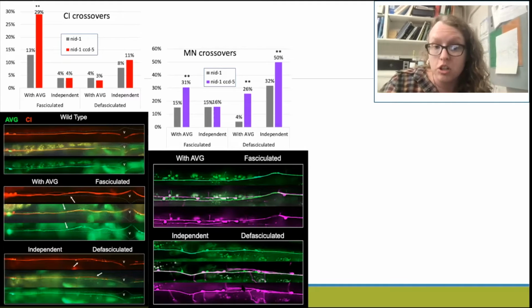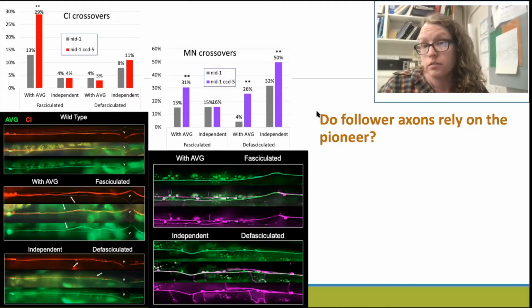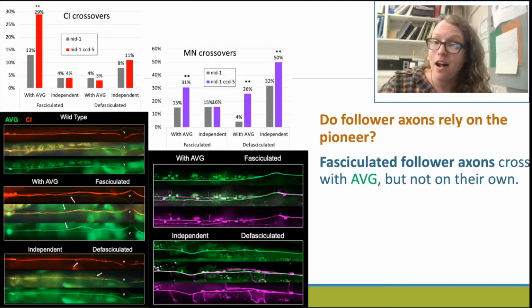However, when we're talking about this sort of thing, where the motor neurons are leaving other motor neurons to cross the midline, then they don't care. There's just more going on. So, do the follower axons rely on the pioneer? Well, fasciculated follower axons do, definitely.